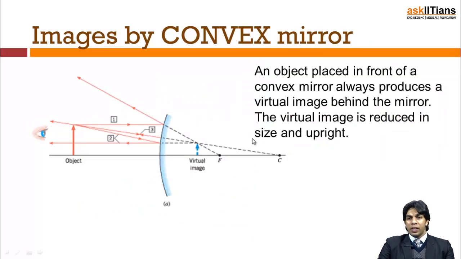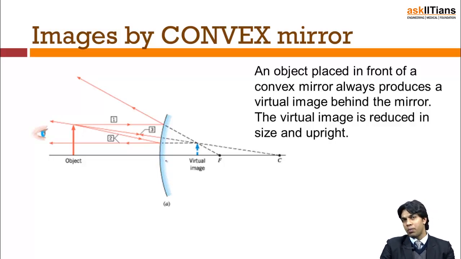Moving on. Now we will look into the different types of images formed by convex mirrors. Please keep in mind that all the rules which we have studied for the images of concave mirrors apply in the case of convex mirrors as well. That is, light passing through the focus after reflection becomes parallel.